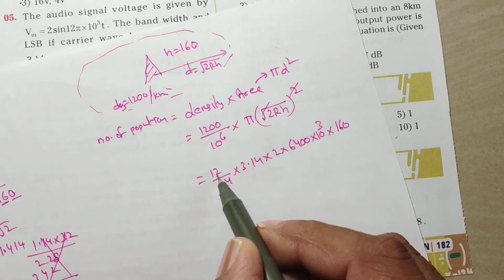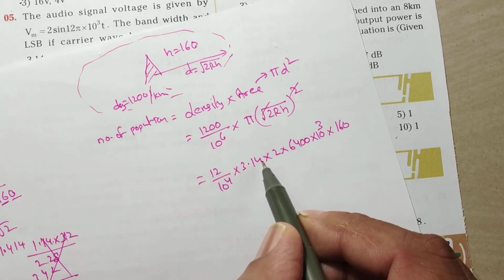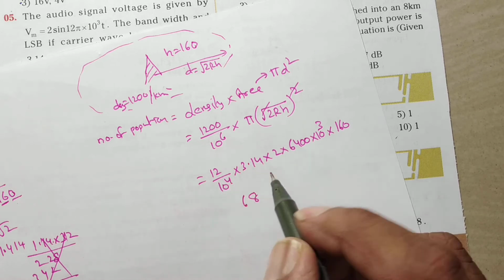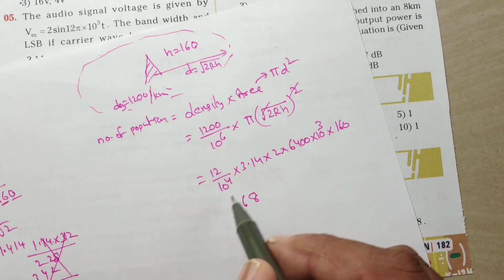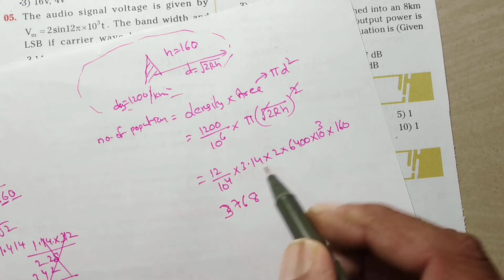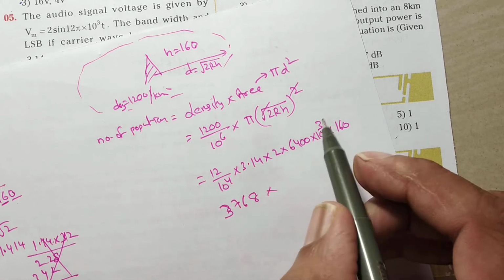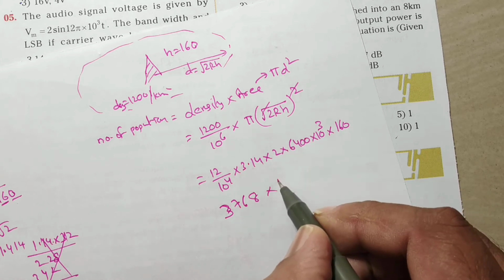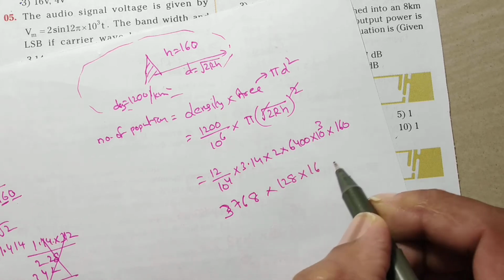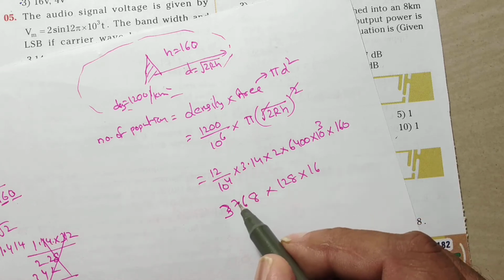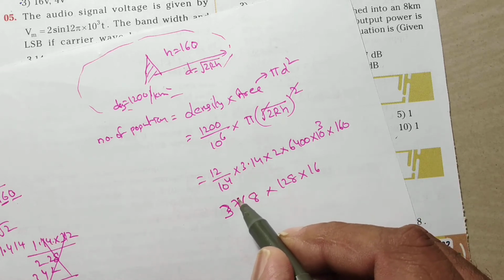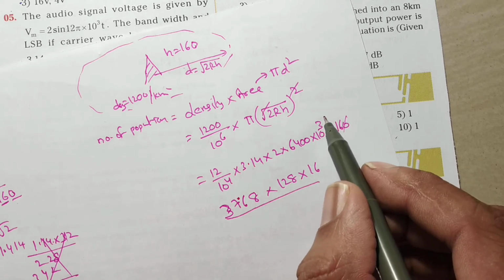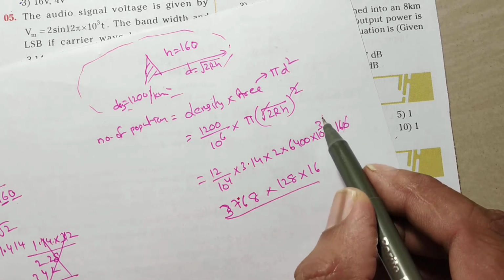Now we are going to multiply 12 into 4 is 48, 12 into 2 is 16, 12 into 3 is 36, 128, 64 into 2 is 128, into 16 divided by 10 to the power of 3.